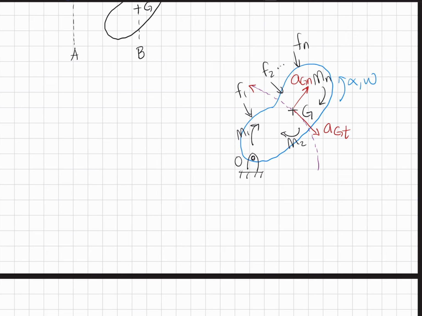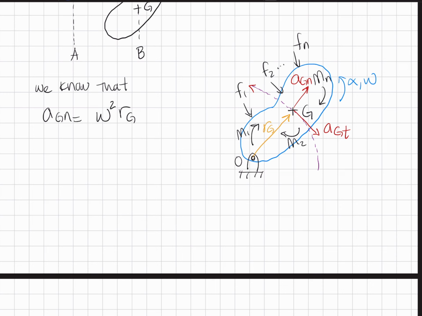And really, the goal here now is to connect these forces, these moments, these rotations to these accelerations that we have. These are the descriptions that we want to do. So right off the bat, we know that AGN is equal to omega squared R of G, R of G being this distance here, right?